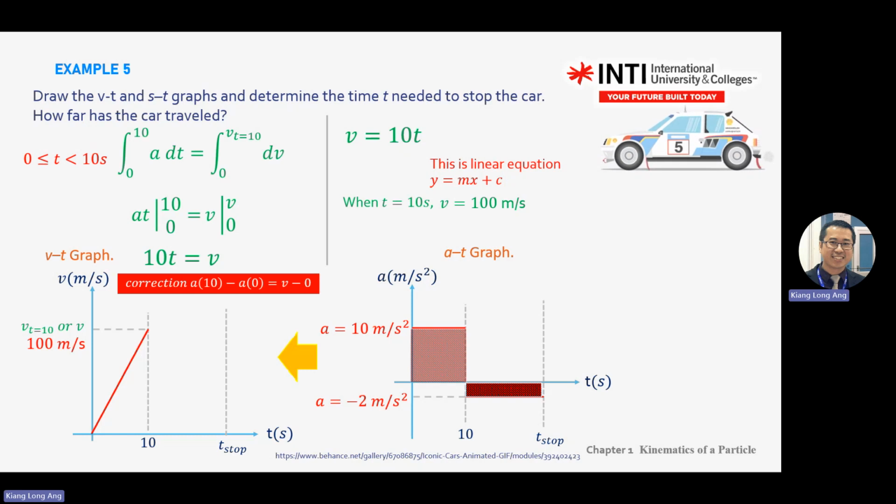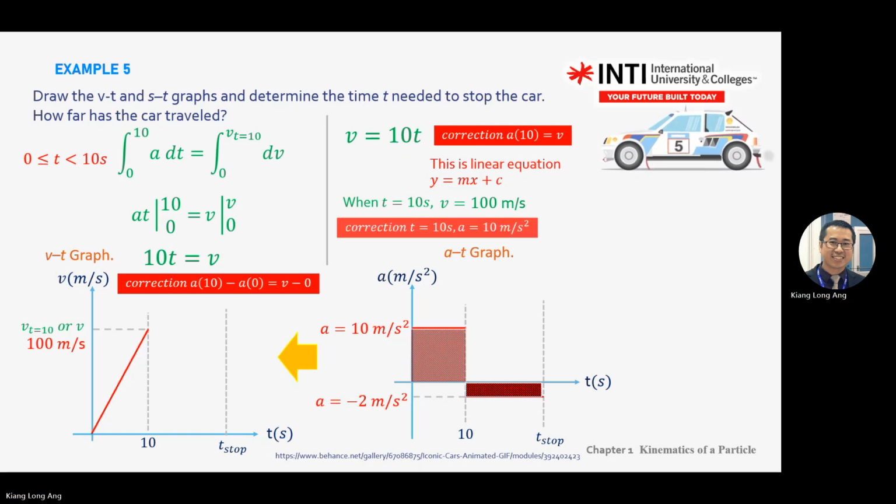So when you do your assignment, don't blindly copy. So it's a, and not 10. Okay, you repeat the same for the second half, and there also is a mistake here. This is not 10, it's a. Don't blindly copy. You just need to think every time you see the slide. Okay. So the rest also need correction.